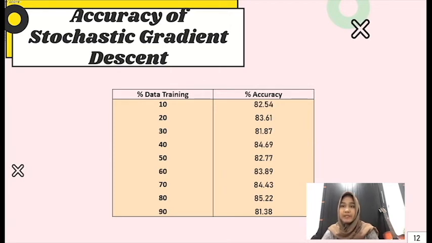And for 80% training data, the accuracy is about 84.20%, which is the highest accuracy here. And for 90% training data, it's about 81.88% accuracy.